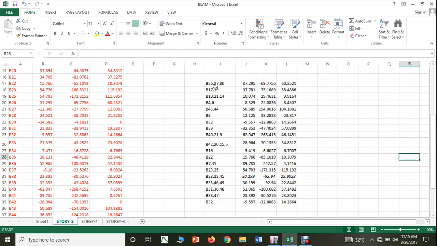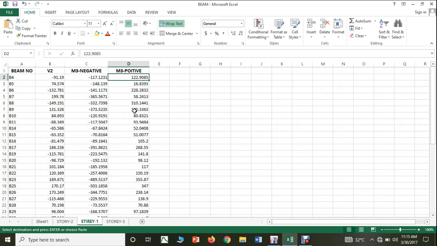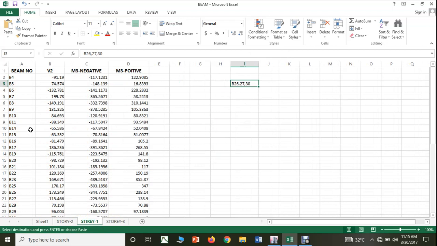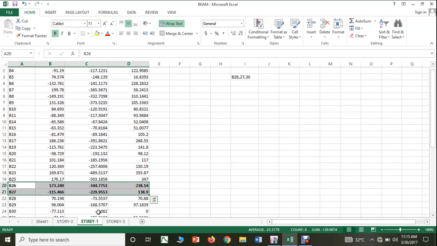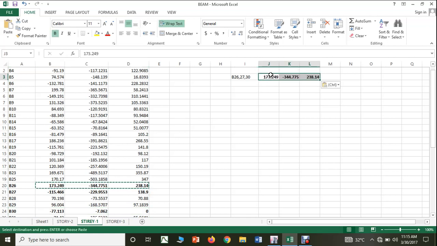The first grouping of the beams that you can see is beam 26, 27 and 30. If I choose 26, 27 and one more, 30, out of these three this will be the one with the highest value, therefore I'll be choosing these three.